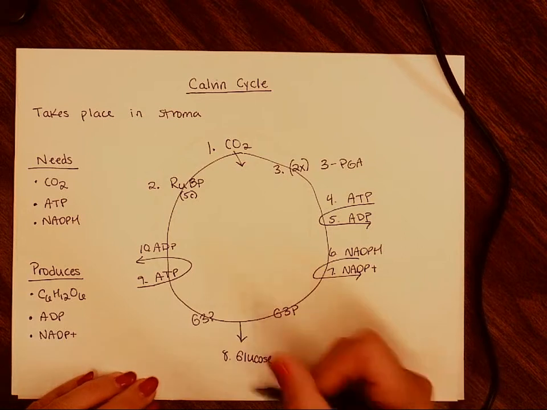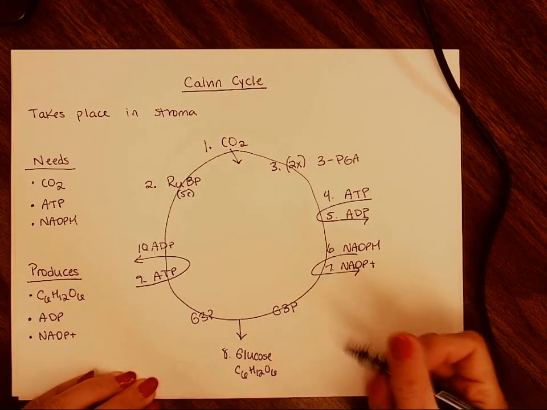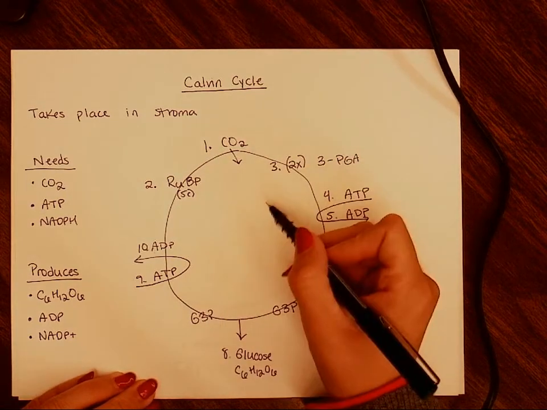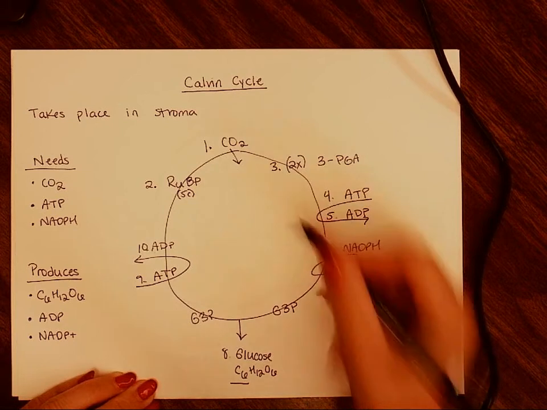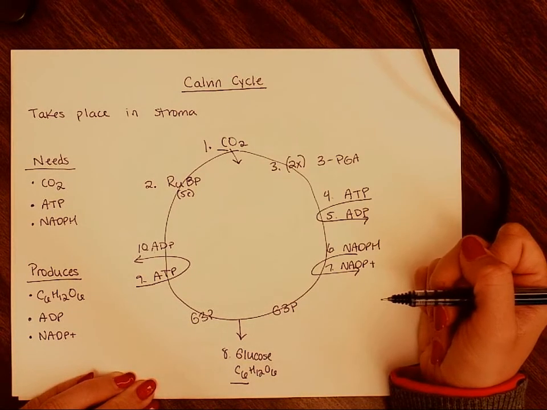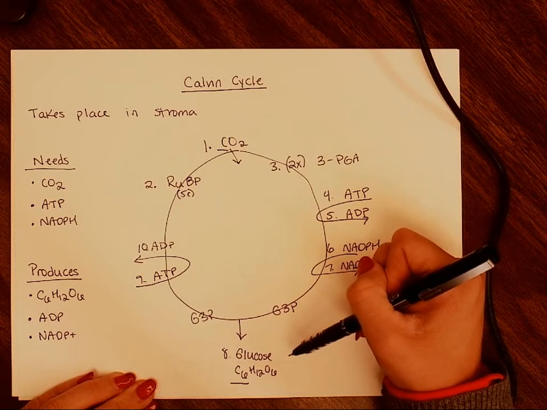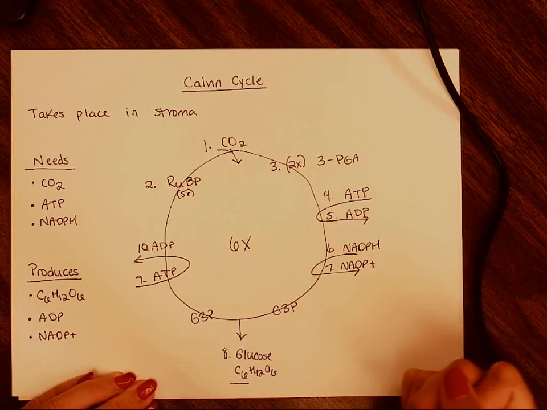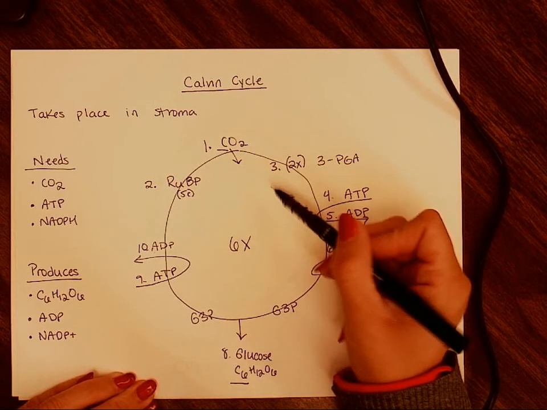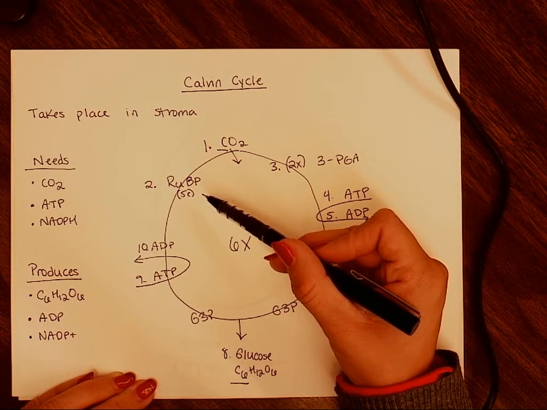Now, for glucose, our C6H12O6, every turn around the Calvin cycle is going to give us only 1 carbon coming from this 1 carbon in our carbon dioxide. In order to get down to C6H12O6, the Calvin cycle has to take place 6 times. So we're going to see 6 times a carbon dioxide is going to come and bind to RuBP.